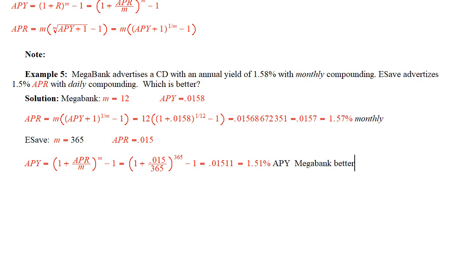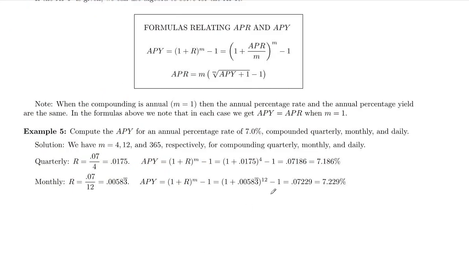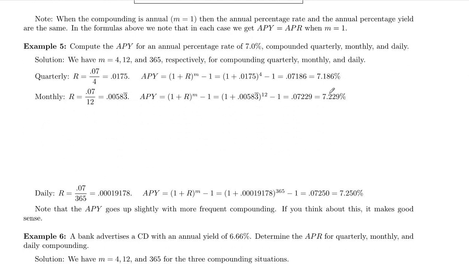And then just a note here, take a look at the example that is in your printed notes. Notice here we figure the APY for 7% compounded quarterly, monthly, and daily. If you do quarterly, you get an APY of 7.186%.